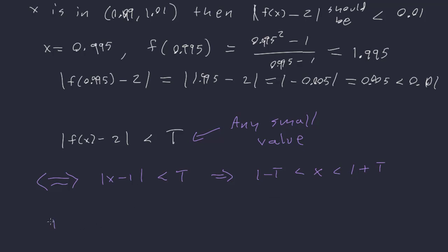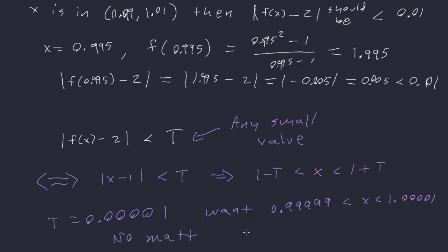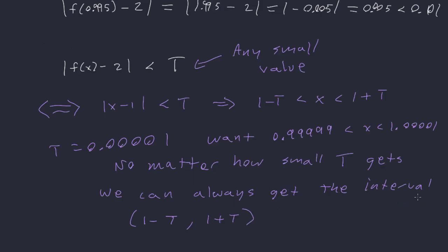So if the tolerance we want is like 0.00001, then we want x in between 1 minus that and 1 plus that. No matter how small t gets, we can always use the interval 1 minus t to 1 plus t to get within that tolerance, to get that close.